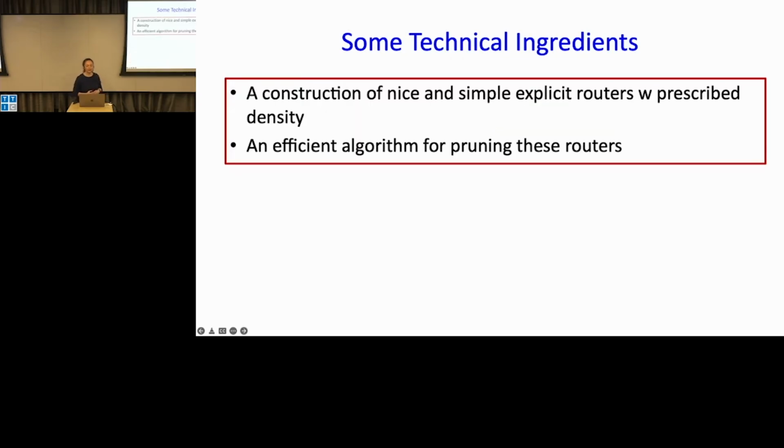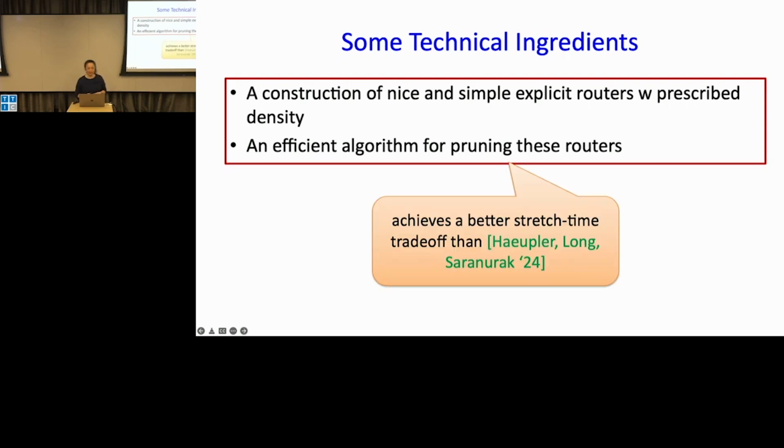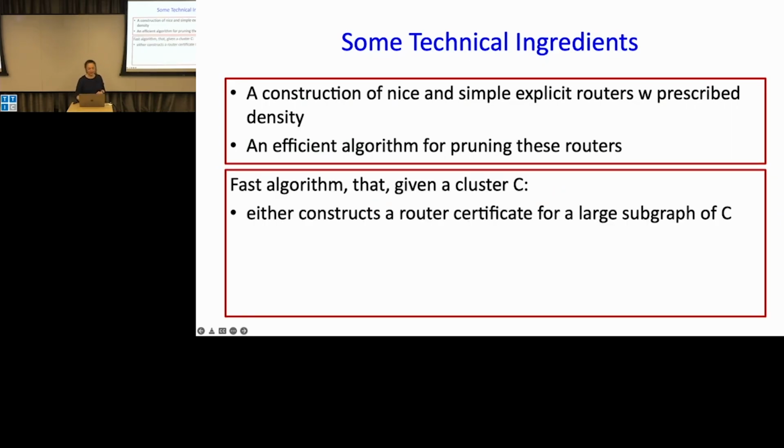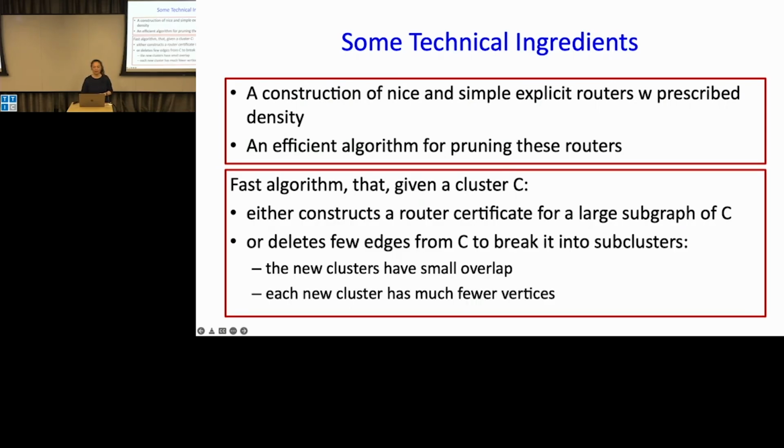Also, we provide an efficient algorithm for pruning these routers. This is the analog of the expander pruning. It's a little more complicated than the pruning algorithm from the previous paper, but it gets a better stretch to time trade-off. And lastly, we provide a fast algorithm that, given a cluster C, either constructs a router certificate for a large subgraph of C, or it deletes a few edges from C and breaks it into smaller subgraphs that are also clusters, so that they have very small overlap, and each one of these new clusters has much fewer vertices.